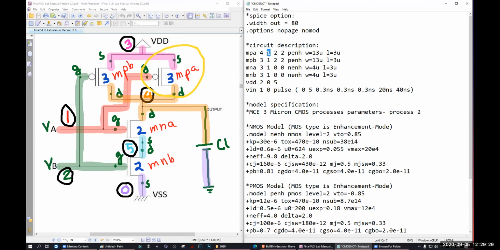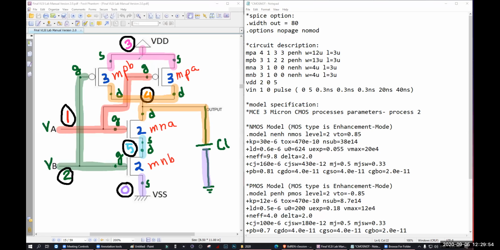Then gate is 1. Source is 3. Source is 3, right? Body is also 3. Drain, gate, source, body: 4, 1, 3, 3. So what is the sizing? The size is 12, right? Yes. Now go to the next one.